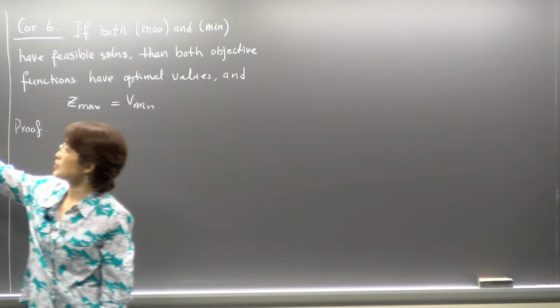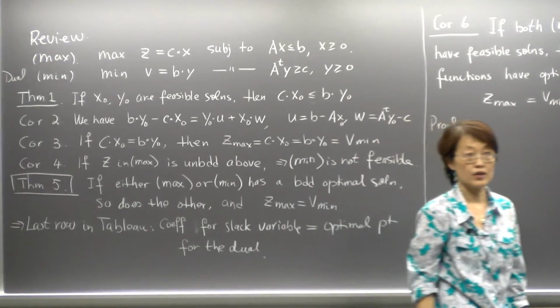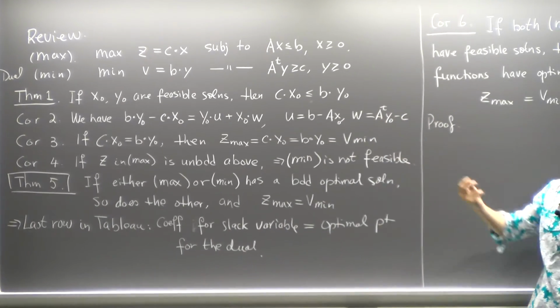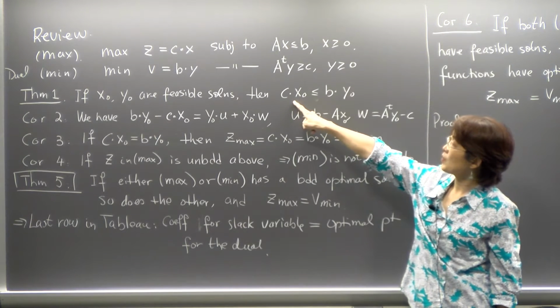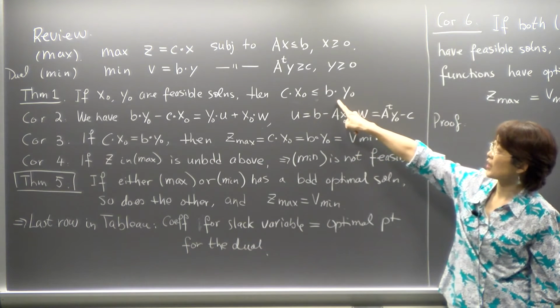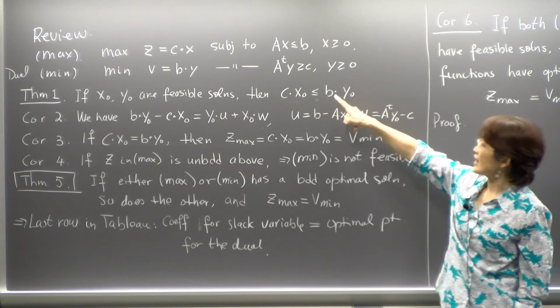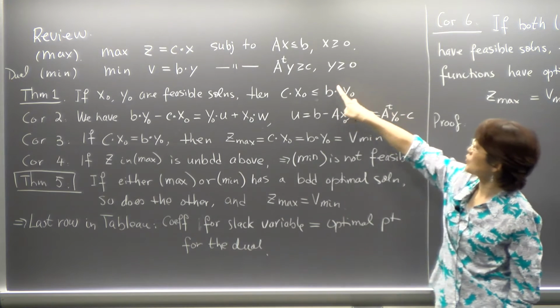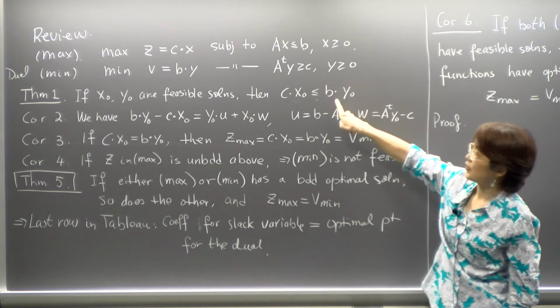If I find a feasible solution x naught for the max, and a feasible solution y naught for the min, what do I know? I know that the objective function for the max is less than the objective function for the min. Is that right? So let's say I find a feasible solution for the min, so I get this number.